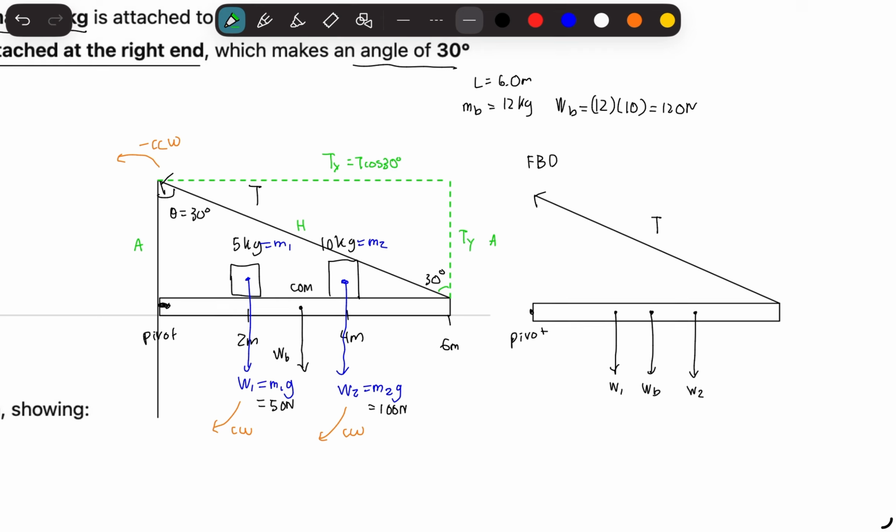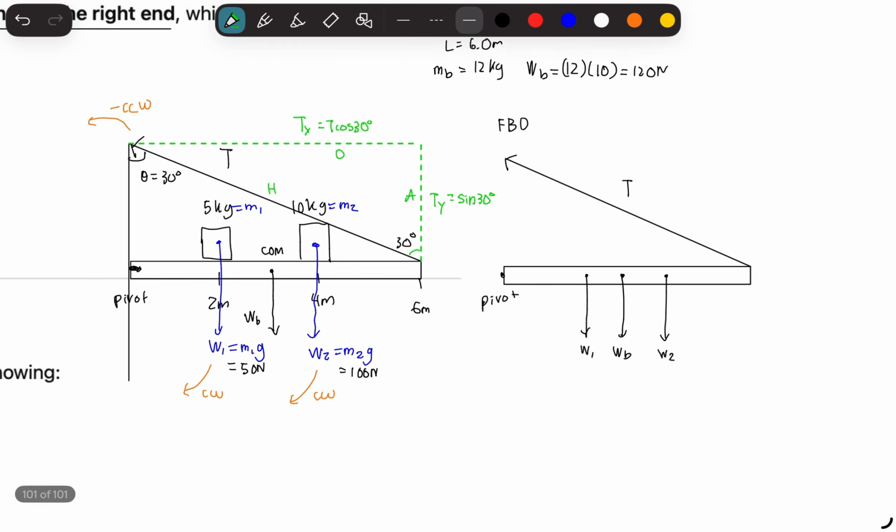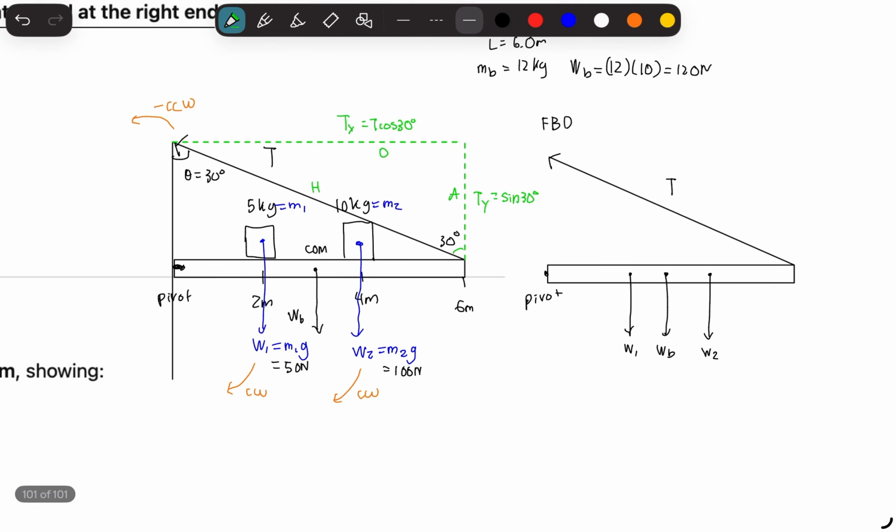In order to get this side, you would look at the other two sides, and here for Ty, this is your opposite, so it would be T sine 30 degrees, opposite over hypotenuse. So those are your tension forces.